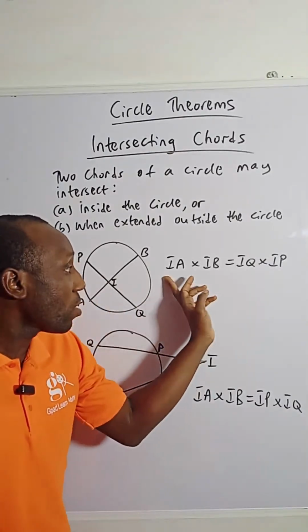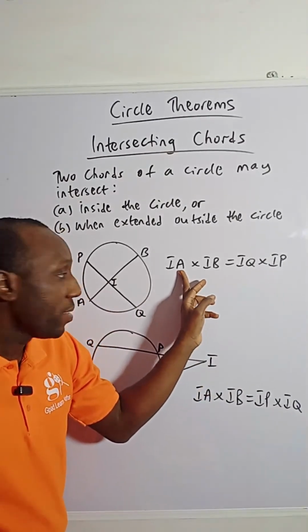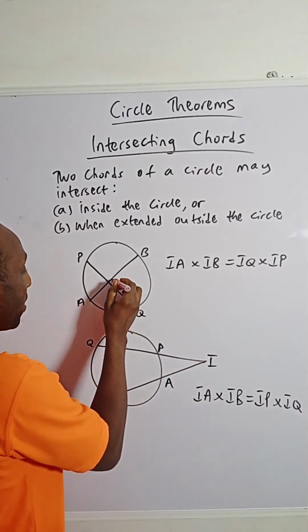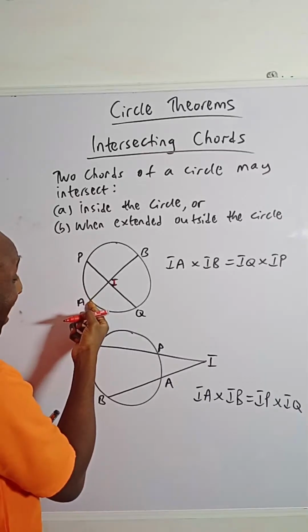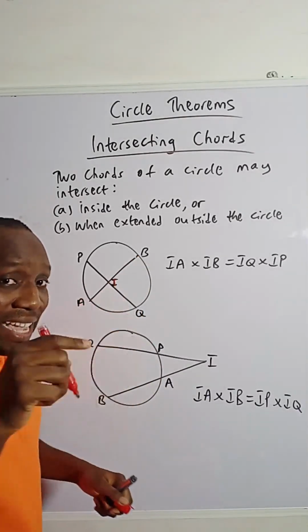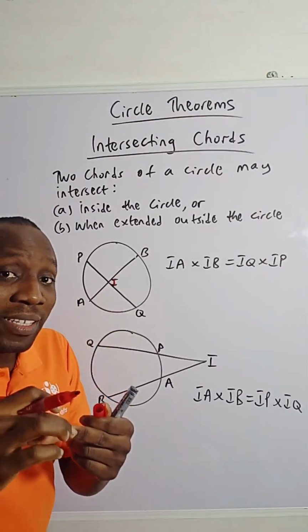Now, I've written something here. IA, from I to A, times IB. I is the point where the two lines intersect.